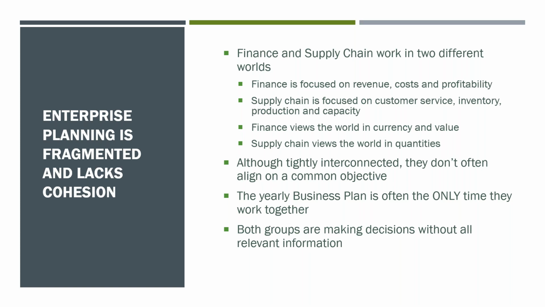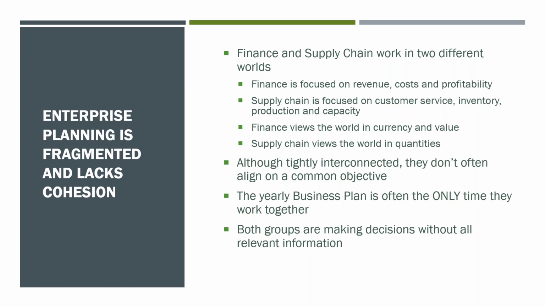They're looking at numbers and values and financial analysis, where supply chain is focused really on hitting your customer service numbers, your inventory, production capacity, et cetera. Far more focused on quantities rather than currency and values, right? Finance works in the world of currency. Supply chain views the world in terms of quantities. Though tightly integrated, they don't often align on a common objective, right?